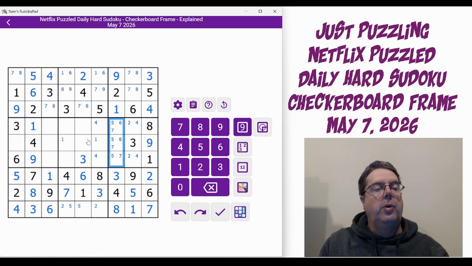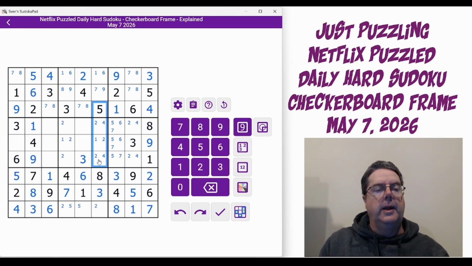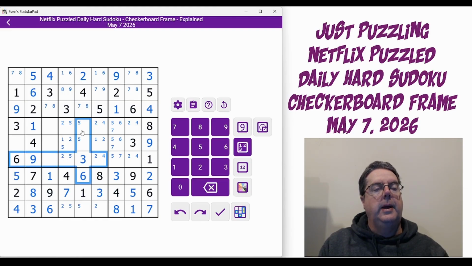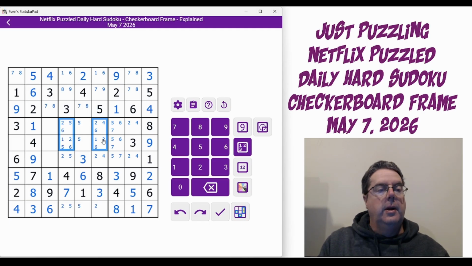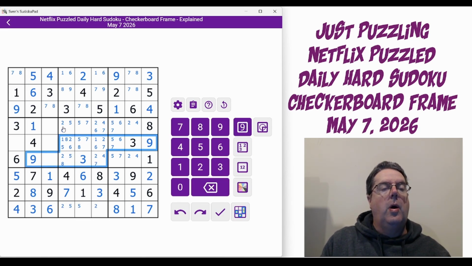I'm missing 1, 2. 2 can't be here, so 2's going to be one of these. 3, 4, 5. 5 comes down here, so 5 is potentially one of these. 6 comes across here. 6 comes up here, so 6 is one of these. 7 comes up here, so 7's potentially one of these. 8 comes up here and across here, so 8 is one of these. And 9 comes across here and across here, so 9 is one of these.